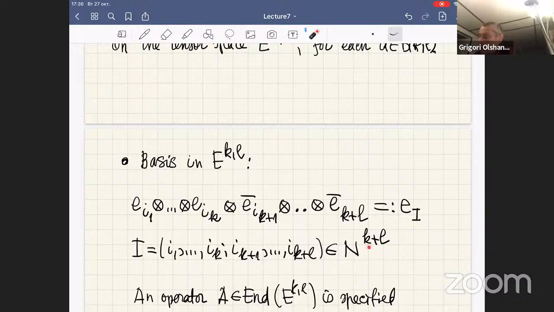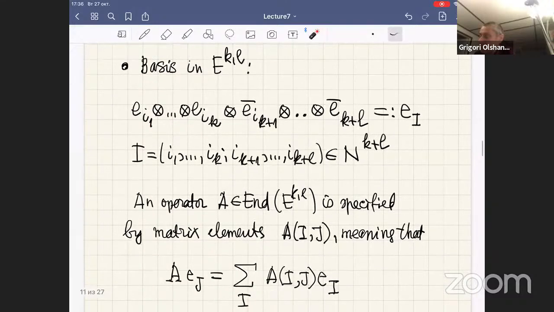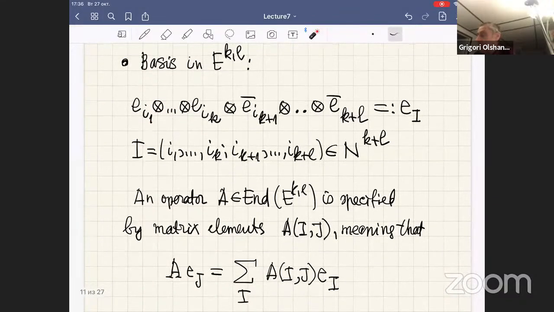The K plus L product of 1 to n, of a set of first n natural numbers. So maybe it's a bad notation. I see now it would be better to write it differently.